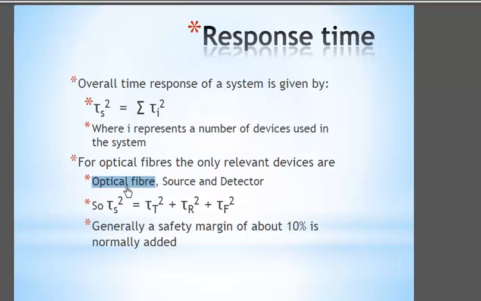This one, T_S, is the total, the response or rise time of the whole system. It is given by a summation, you see this symbol, summation, add. So add the square of each of the rise times.